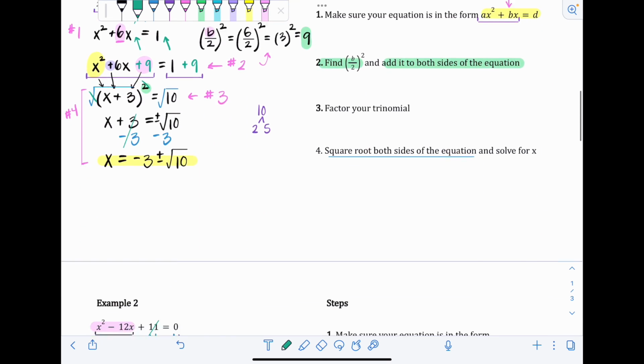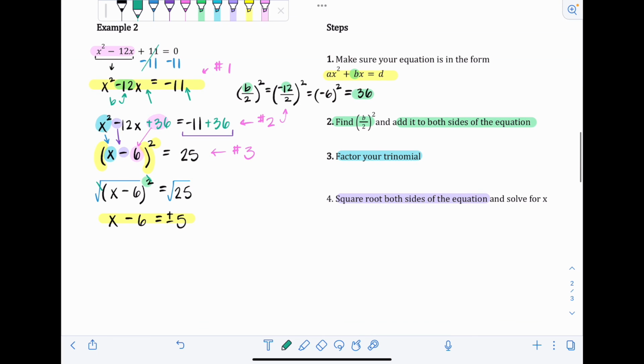Okay, so down here, because there's no more radical, we'll create the two separate equations. They're both going to have an x minus 6 in it. That part will stay consistent. So x minus 6 is equal to, and then one will have a positive 5. So x minus 6 is equal to 5.